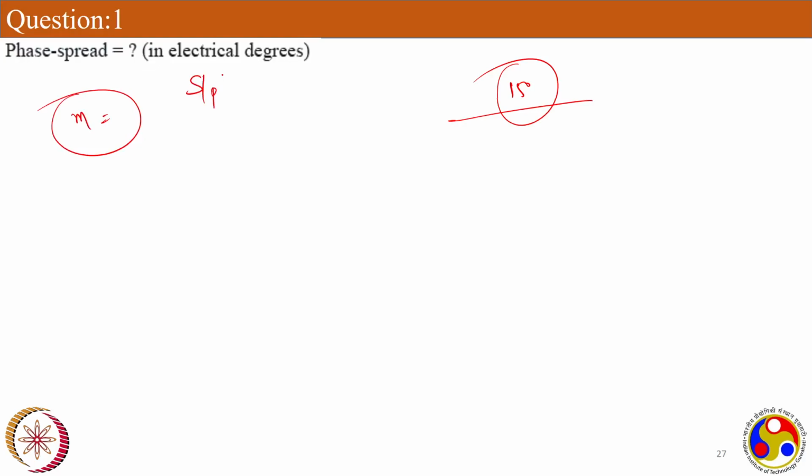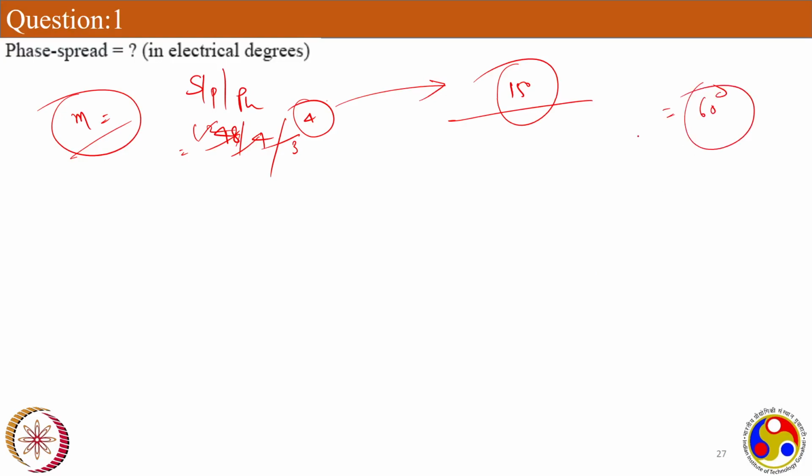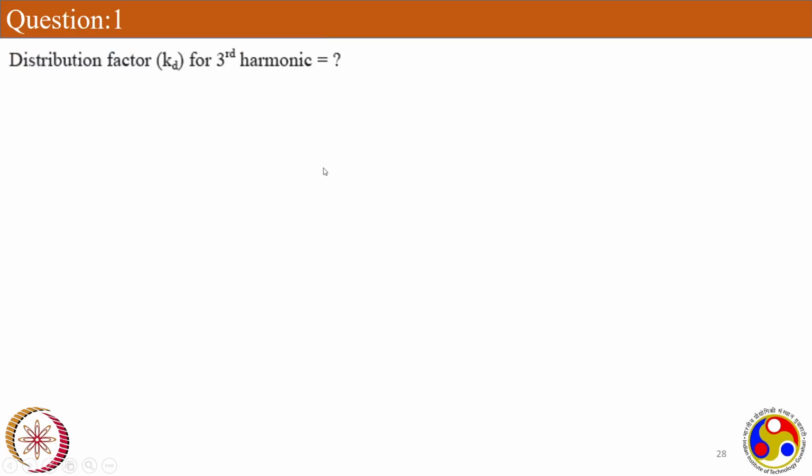The number of slots is 48, a 4 pole machine, 3 phase, so M is 4. Each slot pitch is 15, multiplied by 4 slots per pole per phase, so each phase is spread across 60 degree. So that's it. And distribution factor.